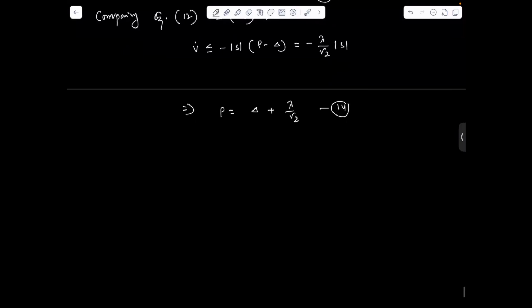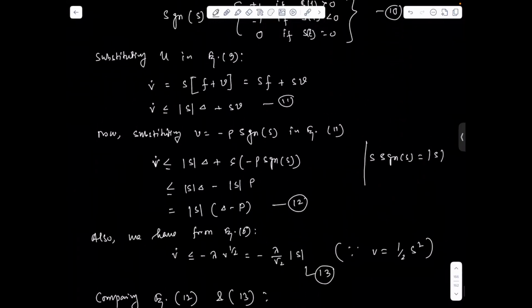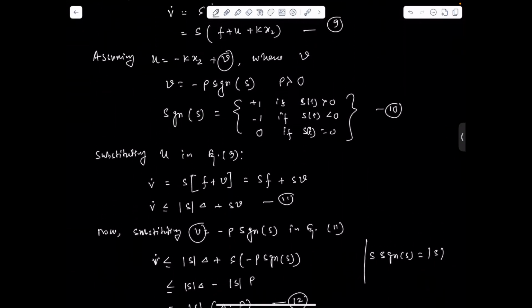So we can now substitute this v in our control algorithm u here.